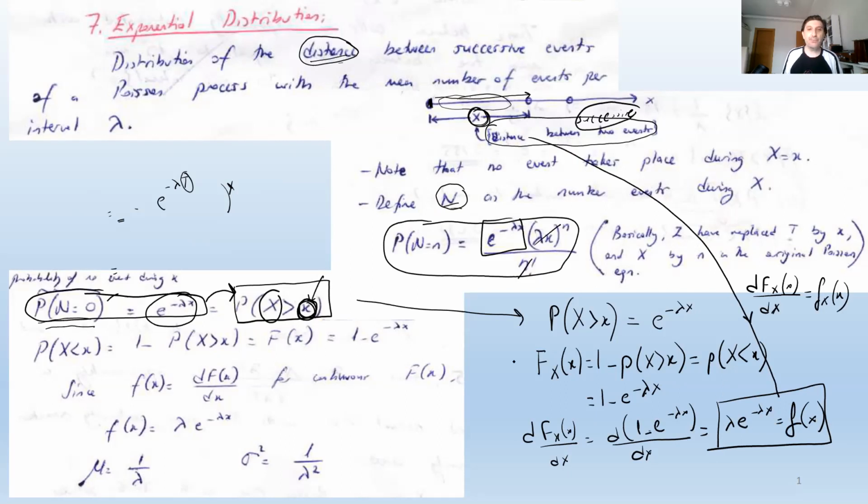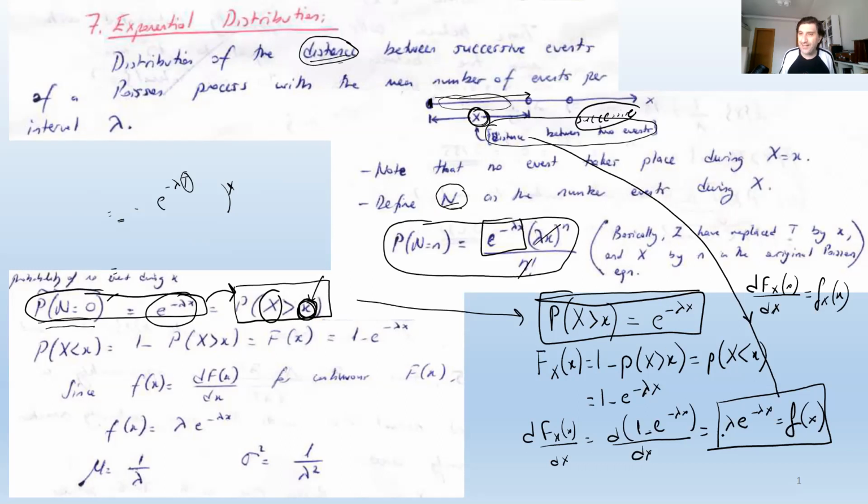So this is the probability density function of an exponentially distributed random variable, the distance between two successive events in a Poisson process. Well, this one is also pretty much handy. We are going to be using this property in many questions. The probability that x is greater than some lowercase x value is going to be found by this expression.